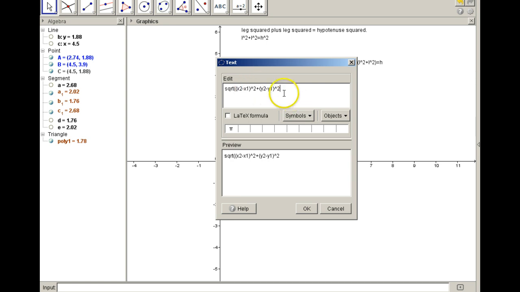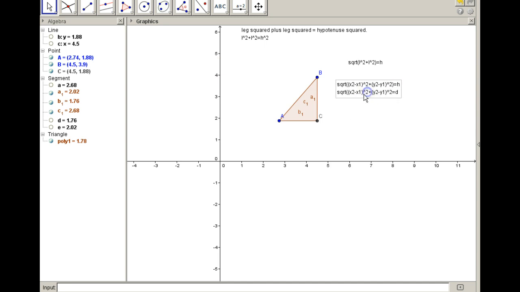And there's the length of the second leg. If we put that all together, it's equal to the hypotenuse. Or again, the square root of x2 minus x1 squared plus y2 minus y1 squared is equal to the distance. There we go. So this is really our distance formula right here.